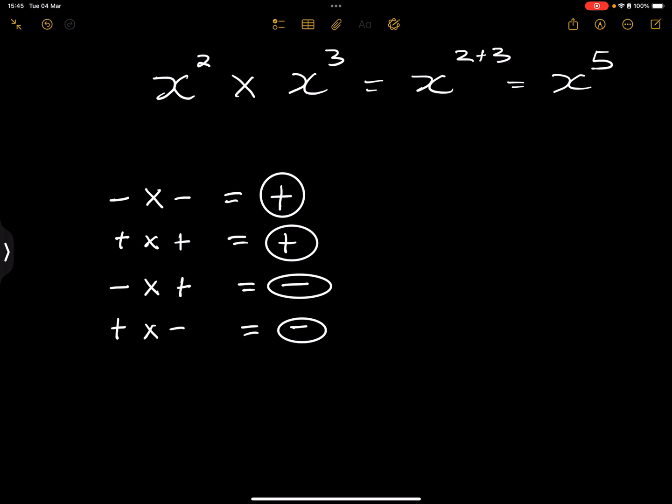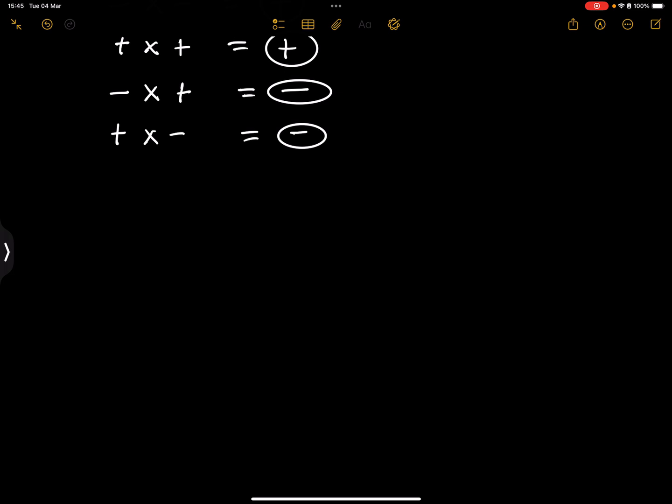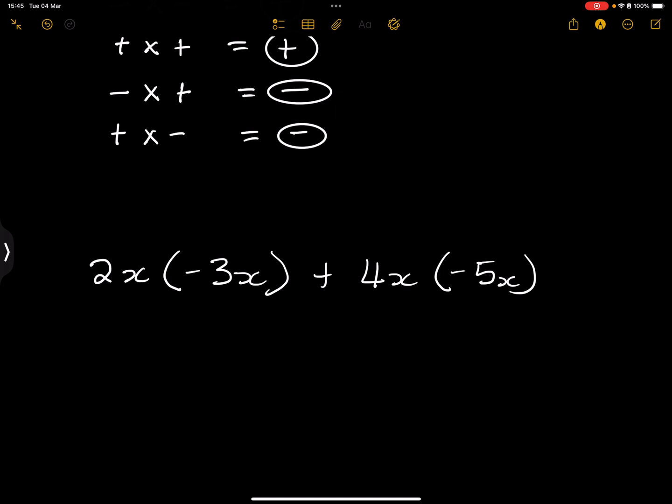Okay, right. Now let's get right into it. For instance, if I were to take 2x multiplied by minus 3x plus 4x times negative 5x, and I want to simplify this, the instruction would be to simplify.